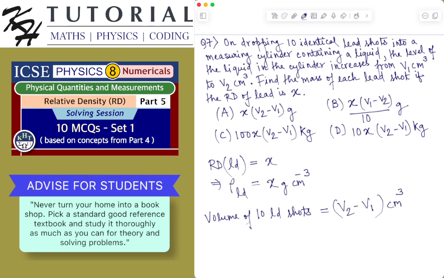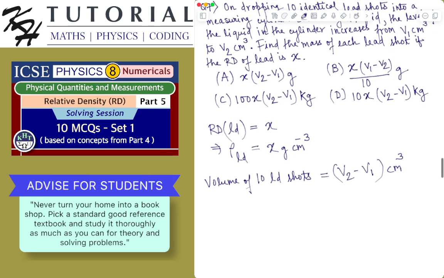It is given that when the 10 identical shots were dropped into the measuring cylinder, the level of the liquid, that is the measurement, rises from V1 to V2, which means the change in volume is V2 minus V1. So this change in volume is nothing but the volume of all the 10 identical shots.